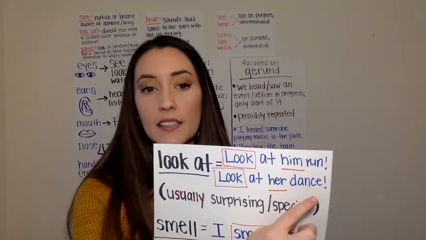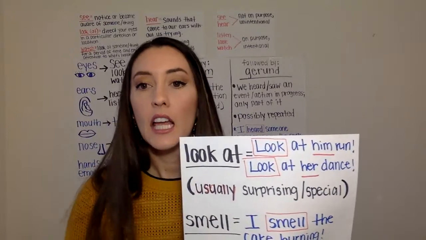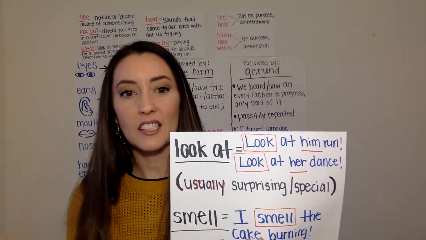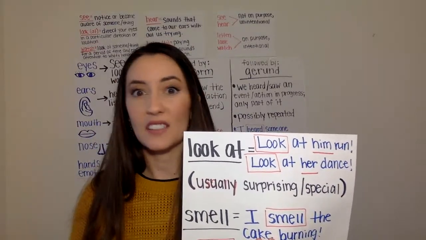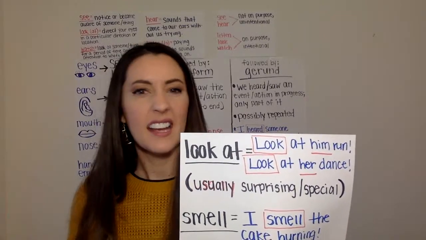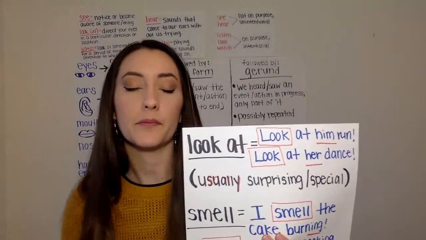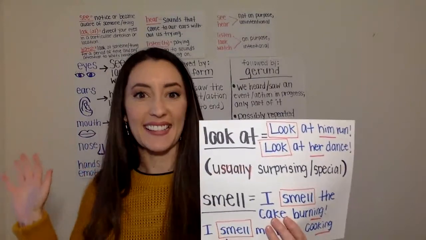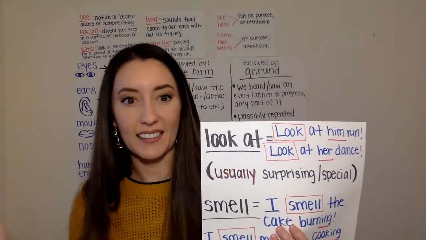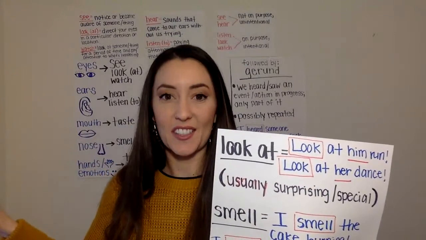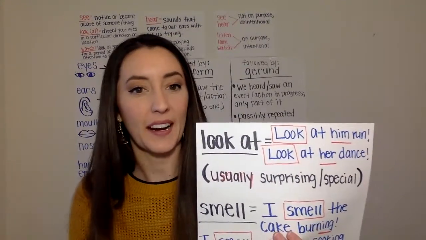Look at her dance or look at her dancing. When we use it in this expression, it's usually to express surprise, or it's something different or special that we want to point out, okay? Look at her dance. She's amazing. She's been practicing. Or look at her dancing. She's doing a really great job, okay?